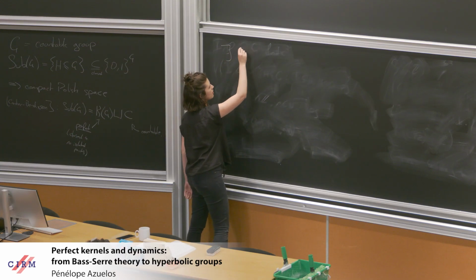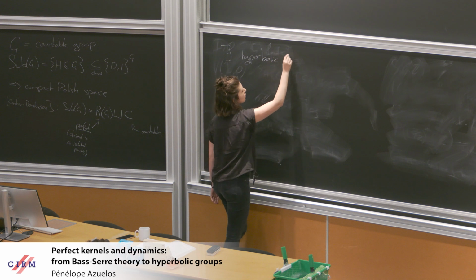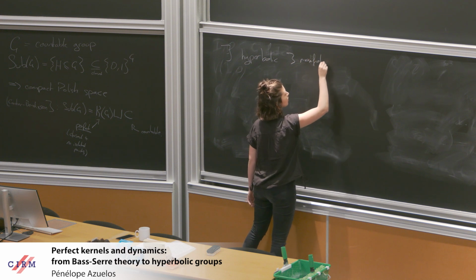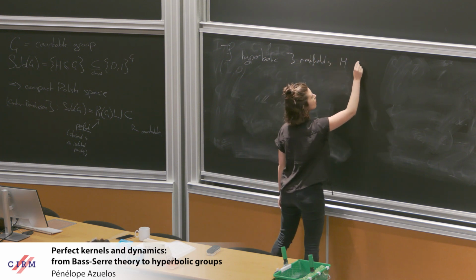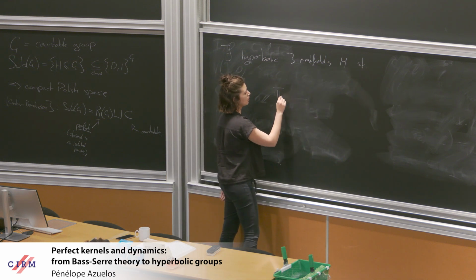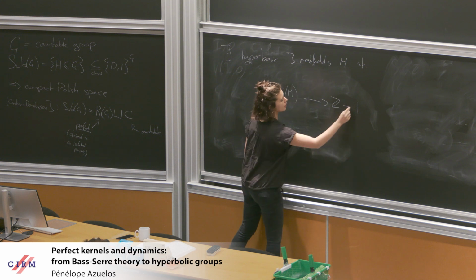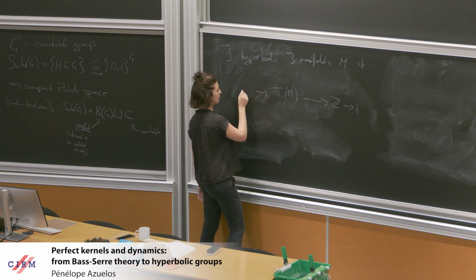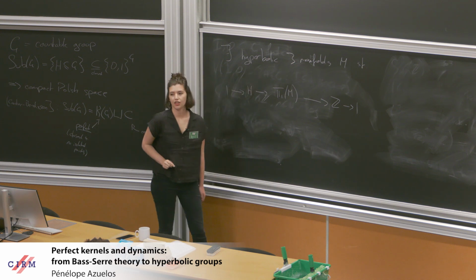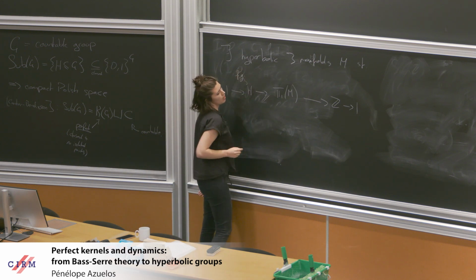And what this means in terms of groups is that if you look at the fundamental group of a fibered manifold M, it projects onto the integers, and the kernel H is a surface group. In particular, it's finitely generated.